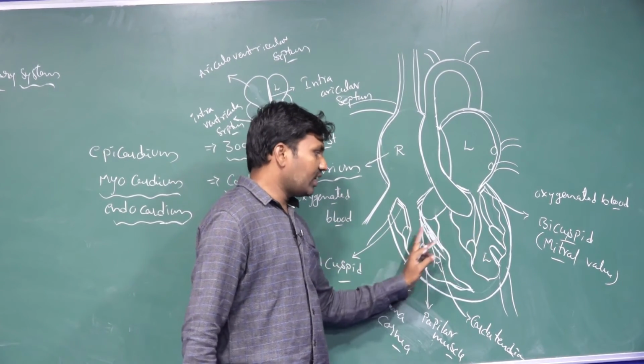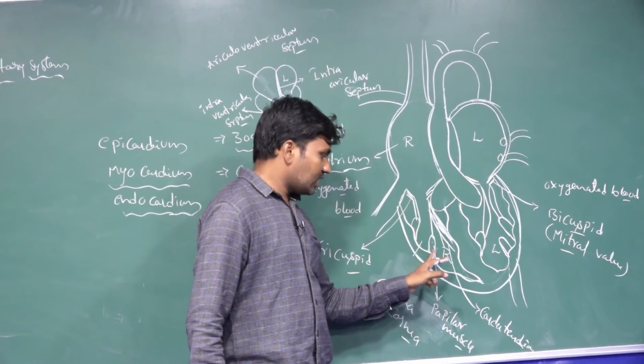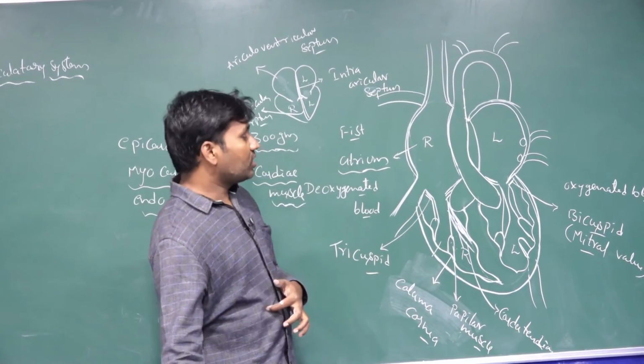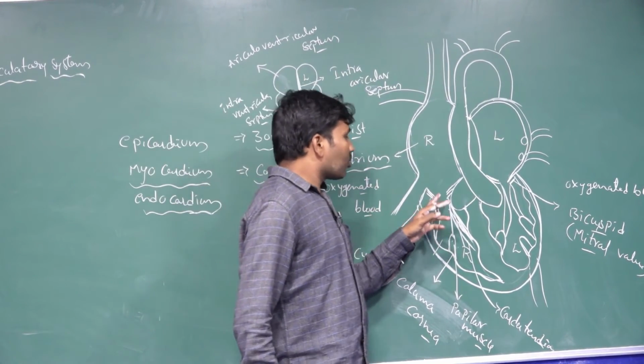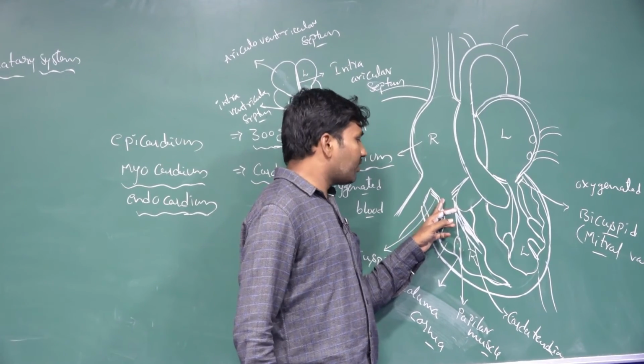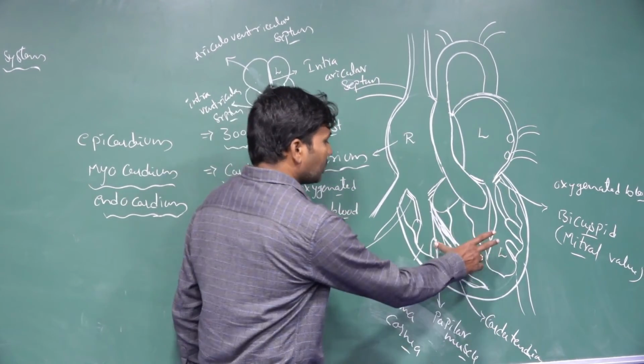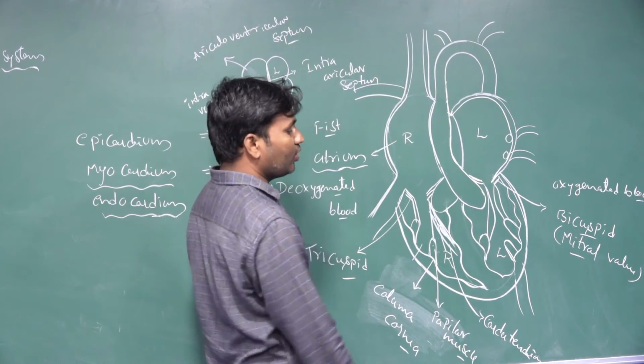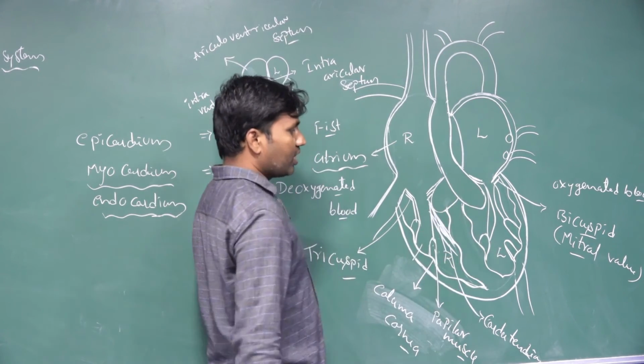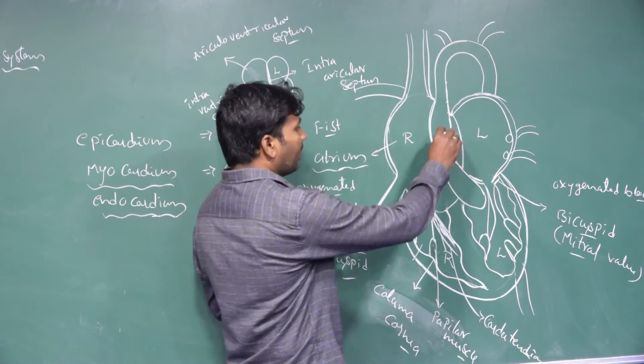These structures are present in both ventricles. They help in the closing and opening of the tricuspid and bicuspid valves. This is the internal structure of the ventricular chambers overall.